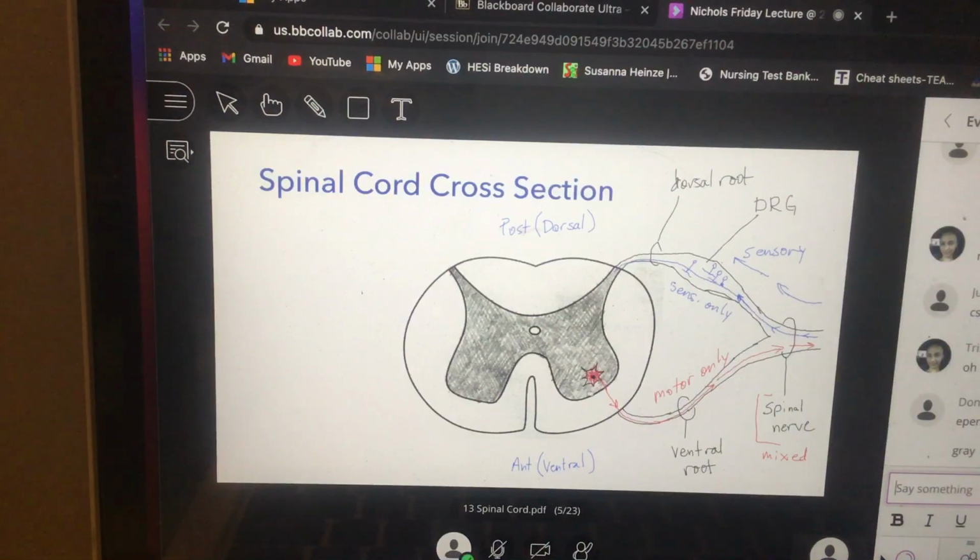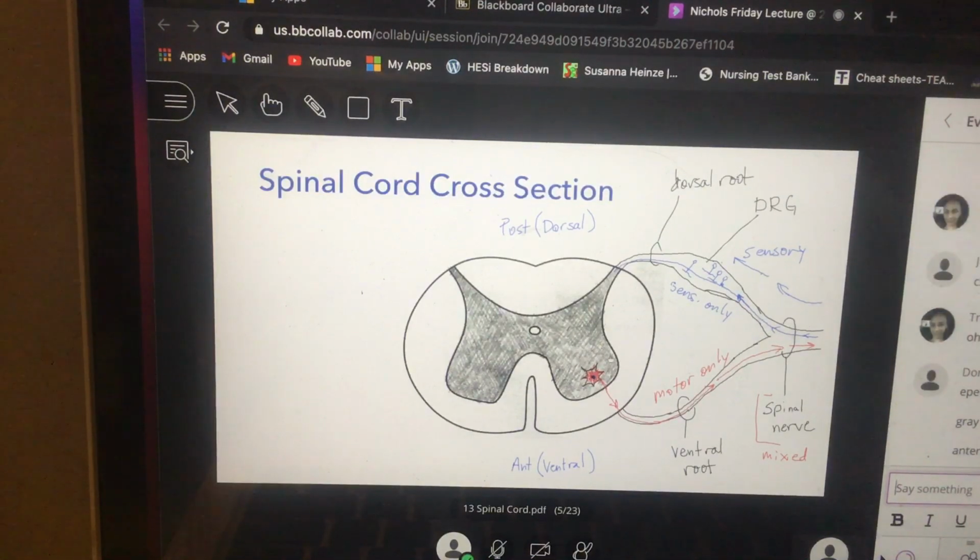What did we say this big gray lump was called? Right here. This contains the cell bodies of the motor neurons in the spinal cord. What's this big gray area right here called? That's the AGH. Yeah, the anterior gray horn.